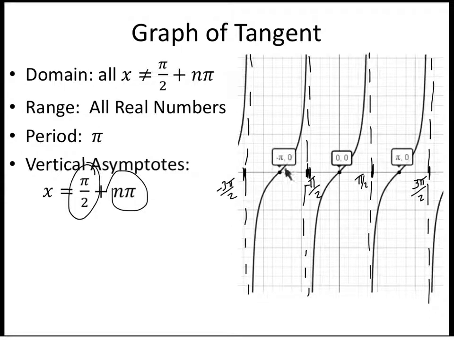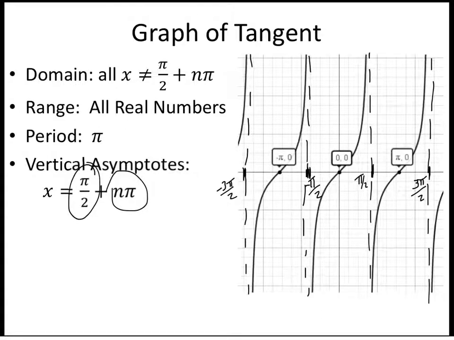The important values that you're going to need to know: you need to know where your asymptotes happen. They happen at pi over 2, negative pi over 2, 3 pi over 2, negative 3 pi over 2. And they also have x-intercepts. The x-intercepts happen at intervals of pi, so 0, pi, 2 pi, negative 2 pi.